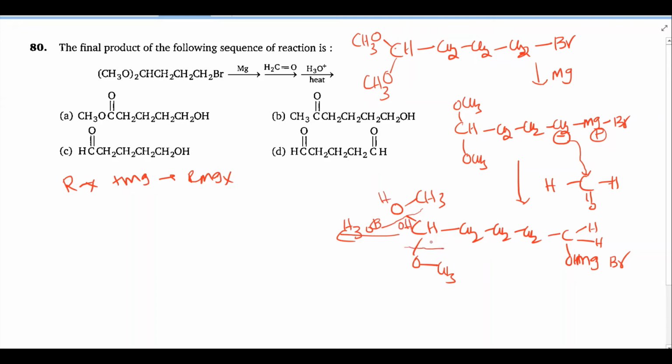This bond breaks, here OH is added, here H is added. This bond breaks, here H is added, here OH is added. Understood? That means this ether bond is also going to break. Then how many methyl alcohols are forming? CH3OH and CH3OH, so 2 moles of CH3OH are going to form.